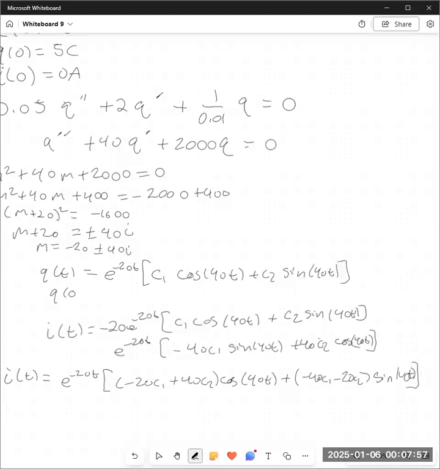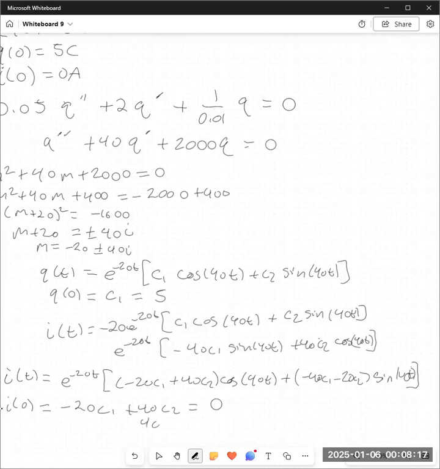So Q of 0 is equal to C1, and we were told that was 5. i of 0 is equal to negative 20 C1 plus 40 C2, and we were told that was equal to 0.